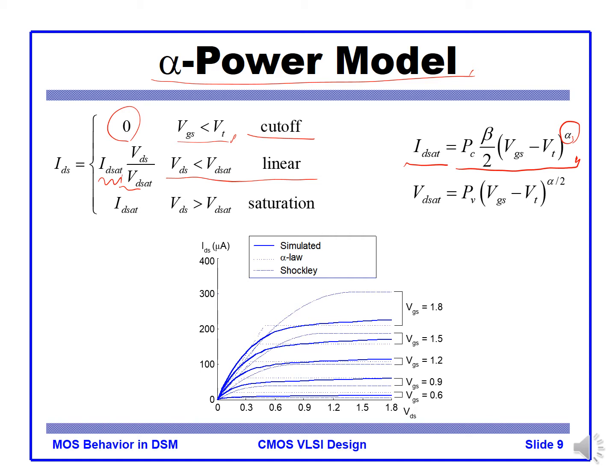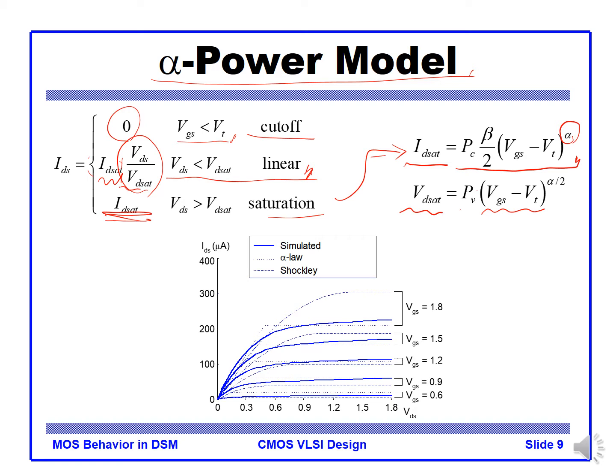The saturation current times this factor VDS over VD_sat gives us the linear region current, and in saturation we define ID_sat like this. VD_sat is also defined as some factor times VGS minus VTH.